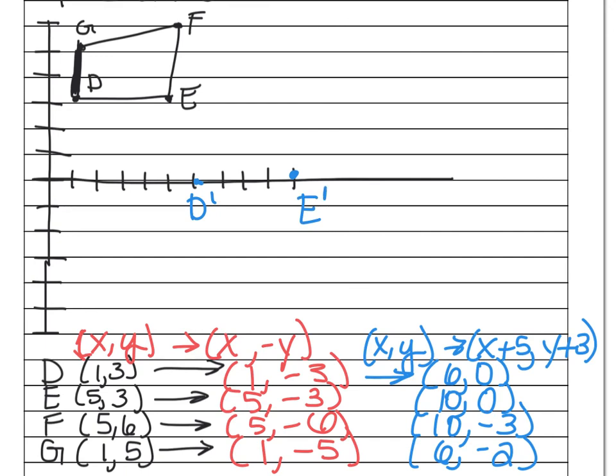And then we have 10, -3. So we're over 10, down 3. So 1, 2, 3. And that is F prime. And then we have 6, -2, excuse me, which is right here.